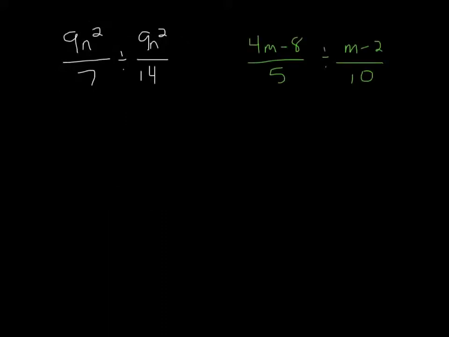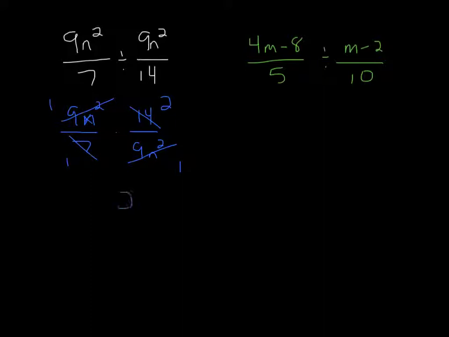Okay, let's look at the first Try This. You've got 9n squared over 7 divided by 9n squared over 14. Let's do some flipping. 9n squared over 7 times 14 over 9n squared, sorry. Our 9n squareds cancel. Those become 1. Our 7 and our 14 become 1 and 2. So you're left with 2. That's all there is to that one. All right, next one.